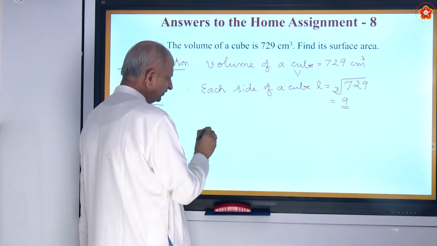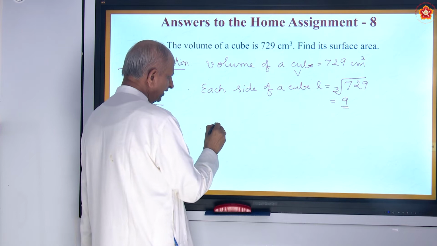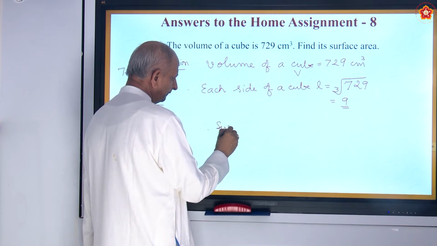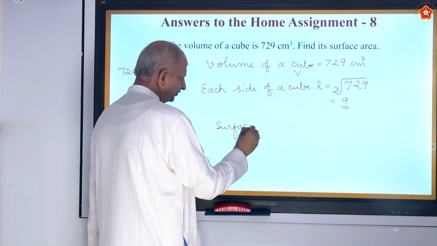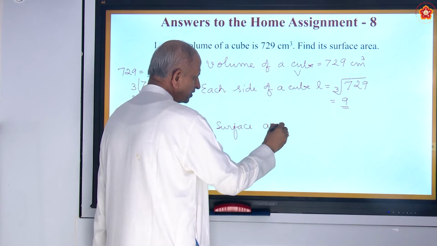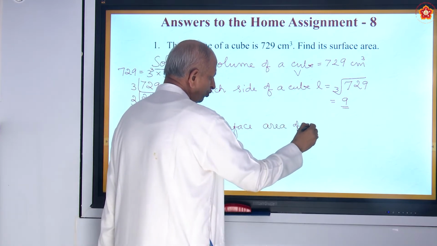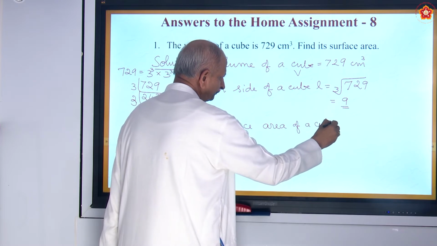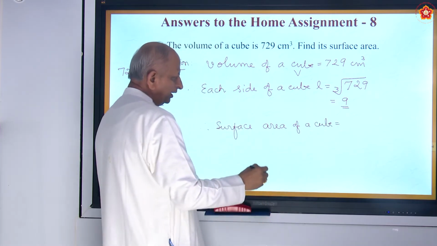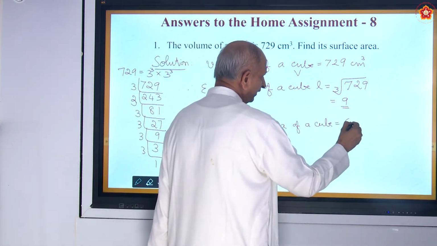Using this, you can find the surface area. The surface area of a cube is 6L square.